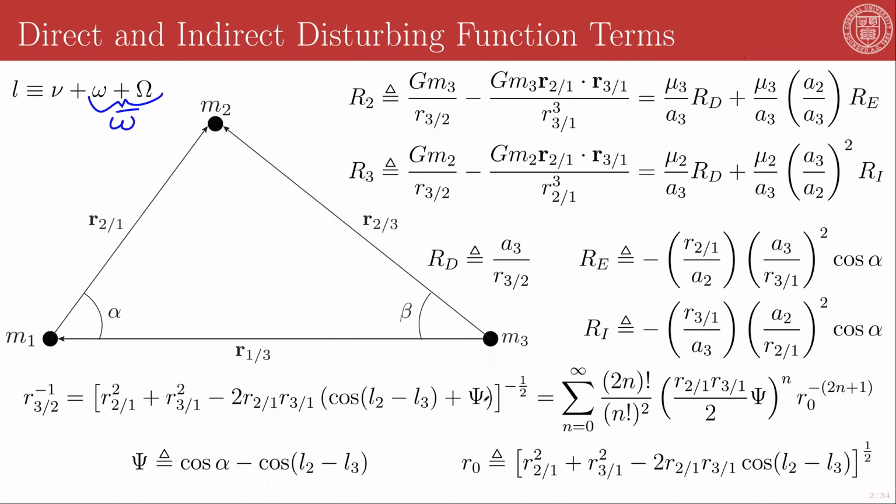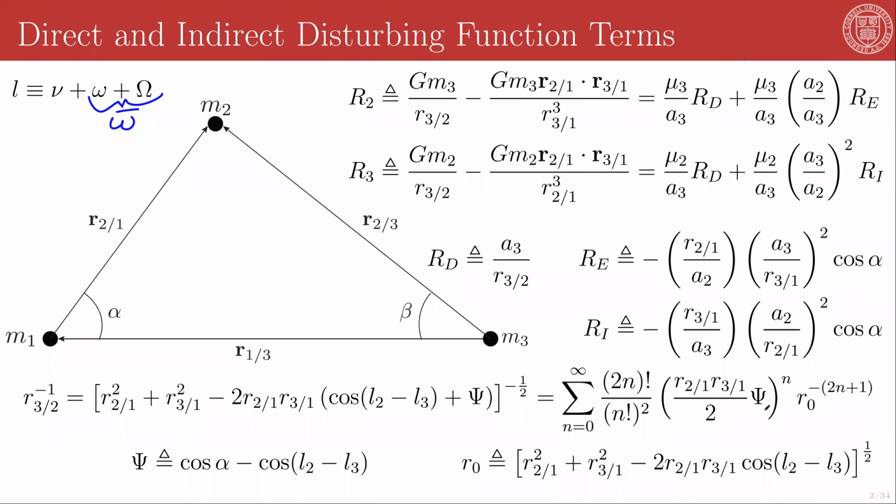We expand this expression in psi, and we get this summation, which you should 100% check. Here, this r_0 value is defined as r_2rel1 squared plus r_3rel1 squared minus twice r_2rel1 r_3rel1 times cosine of that true longitude difference, all square rooted.